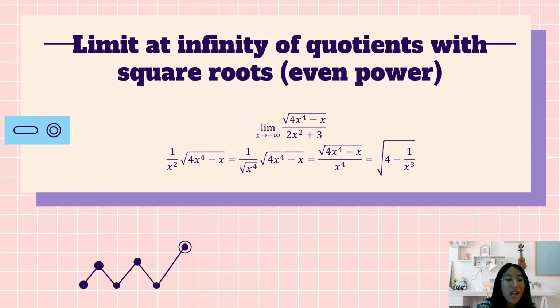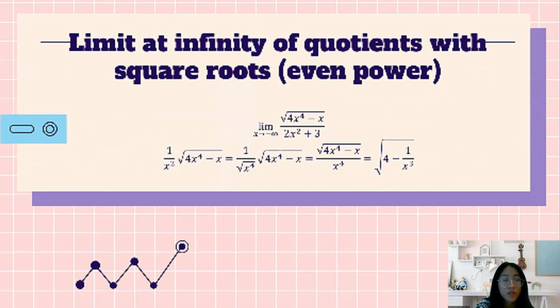So let's see if we can find the limit as x approaches negative infinity of the square root of 4x to the 4th minus x over 2x squared plus 3. Like always, pause this video and see if you can find the limit.